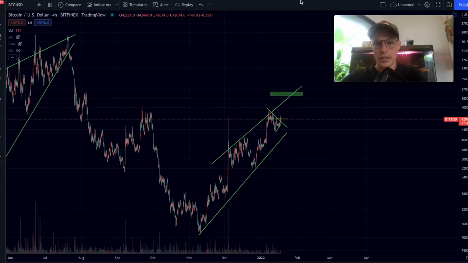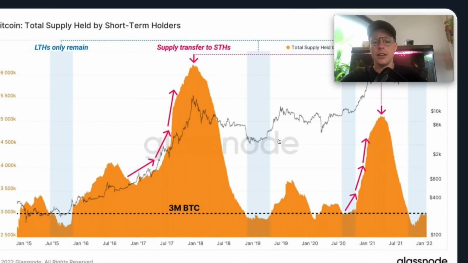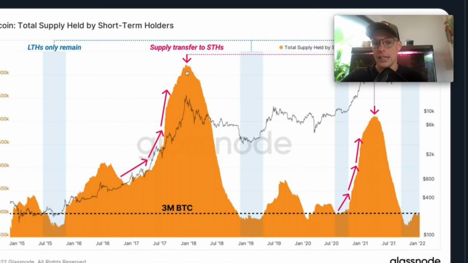Also, when we have a look at the market conditions, for example, this chart from Glassnode is showing us the supply of the Bitcoin supply which is held by short-term holders, which is basically telling us, are the majority of the Bitcoins in circulation right now being held by strong hands or weak hands? And as you can see, when this metric is going up, it is in the hands of weak hands, which is also getting closer to a top.